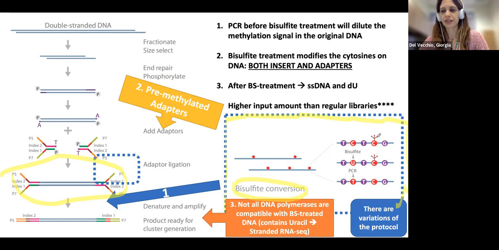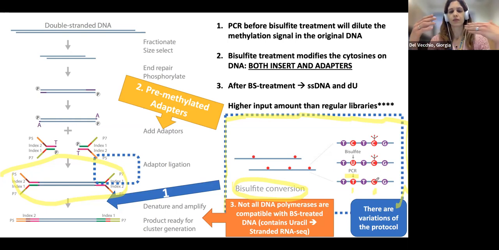So methylated cytosines are protected, so they stay cytosines, while the unmethylated cytosines will be converted to uracils. When we perform the final PCR, the uracils will become thymine, and the methylated cytosines will stay C.